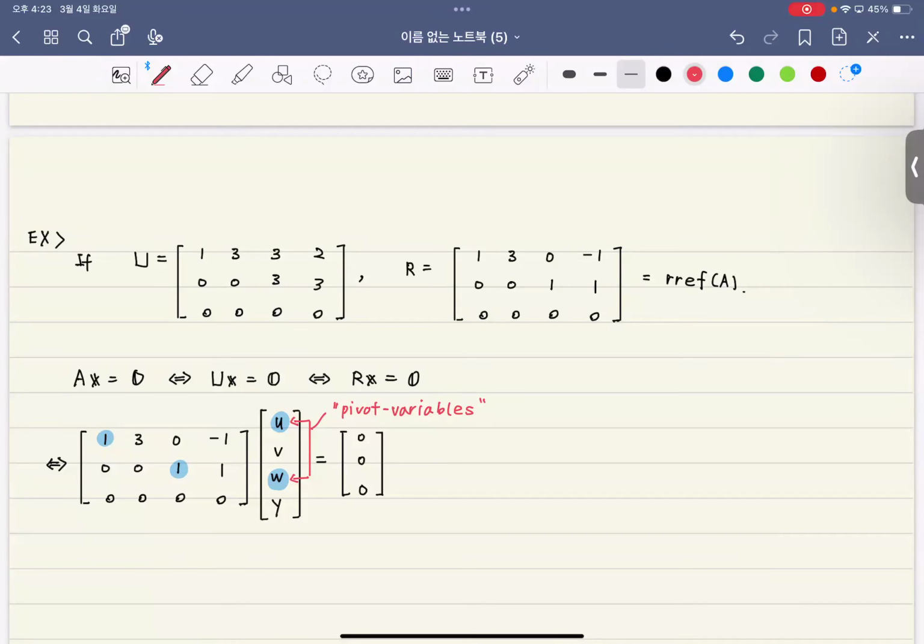From now on, we are going to call these two guys pivot variables, and all the other variables other than the pivot variables, we are going to call them free variables.